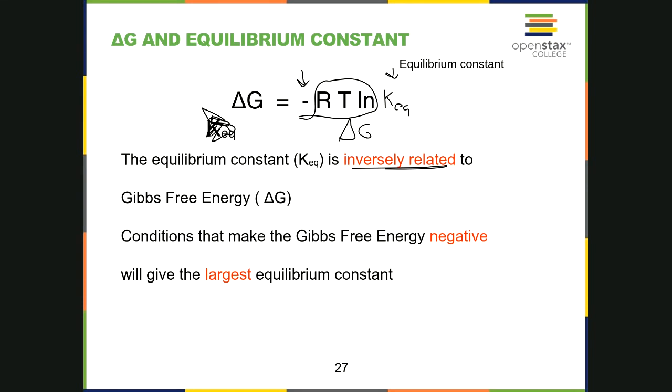So if the Gibbs free energy is negative, or in other words, making things spontaneous, the equilibrium constant is going to be a positive number, which is what it would be if we're supposed to be going to the products. So conditions that make the Gibbs free energy negative or spontaneous is also going to give the largest value for the equilibrium constant.